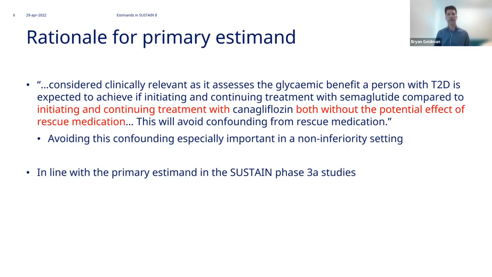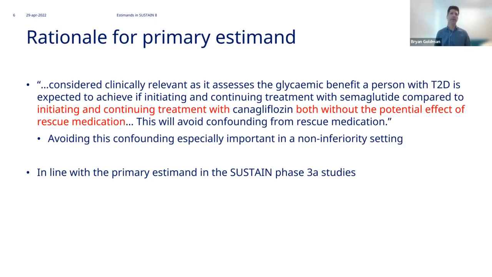And I just clipped out some text from the protocol that it assesses the glycemic benefit a person with type 2 diabetes is expected to achieve if initiating and continuing treatment with semaglutide compared to doing the same with canagliflozin. And these are both without the potential effect of rescue medication. That's at least the target of estimation. And the idea is that this will avoid confounding from rescue medication.